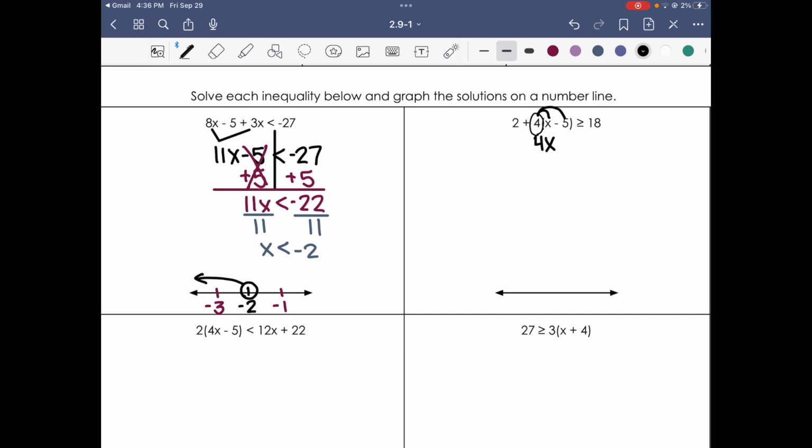And 4 times negative 5 is negative 20. Then keep the 2 plus in front and the greater than or equal to 18 at the end.